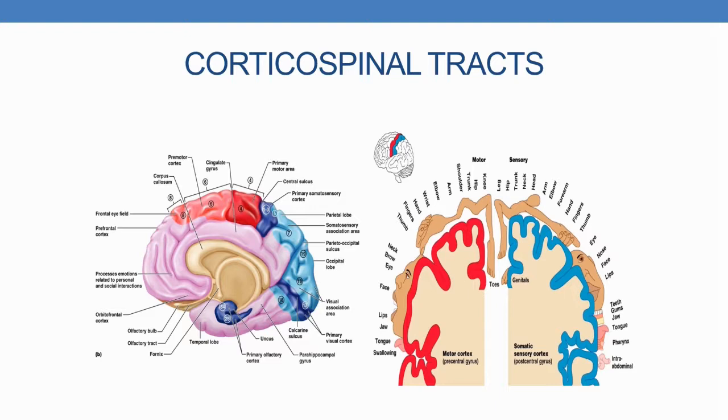Now, the sensory information, the primary somatosensory cortex, is immediately posterior to the central sulcus. So the sensory and motor areas are in close approximation anatomically. But the primary motor areas are concerned right now, and these upper motor neurons have their nerve cell bodies in this area of the brain.